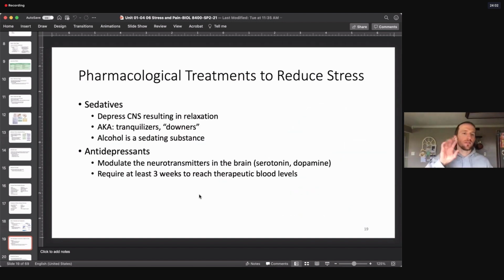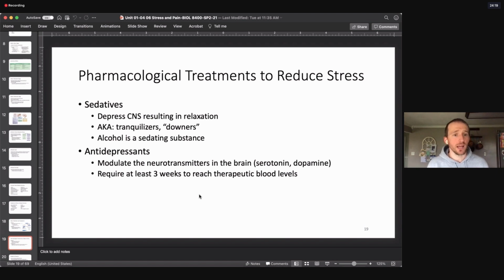And so with serotonin in the background, its levels are depleted in stress. One way to treat stress is to try to depress the central nervous system into a state of being relaxed. These would be like tranquilizers and downers.